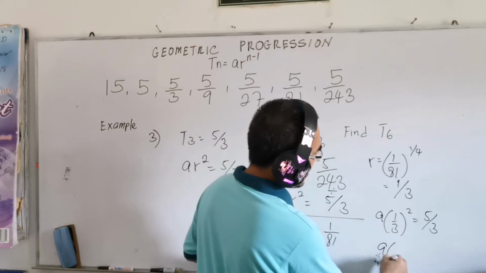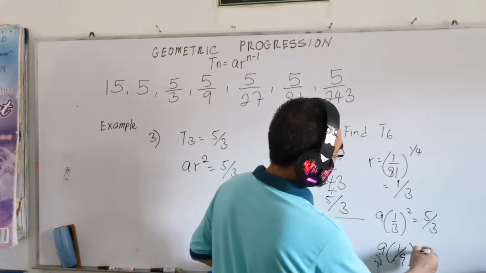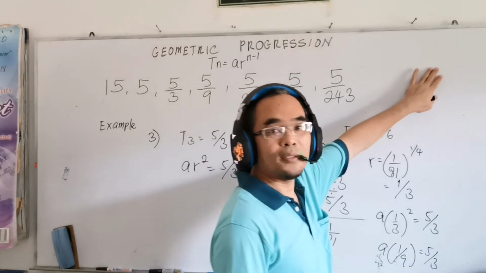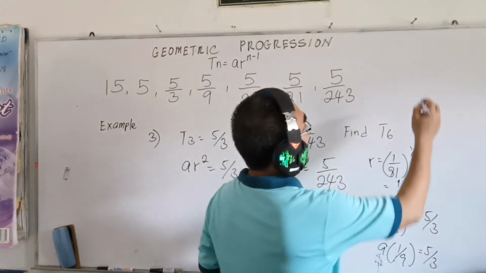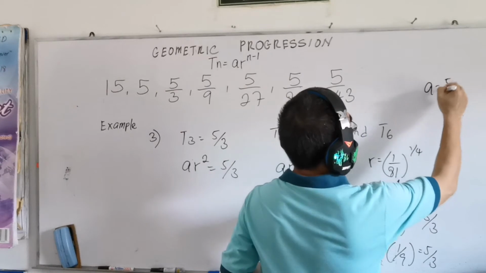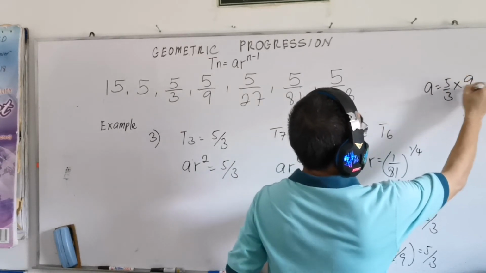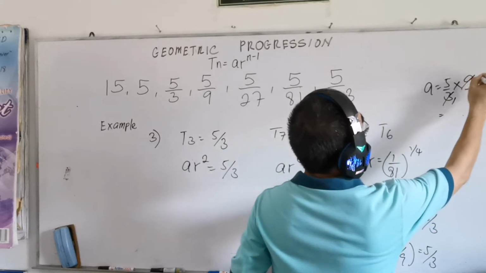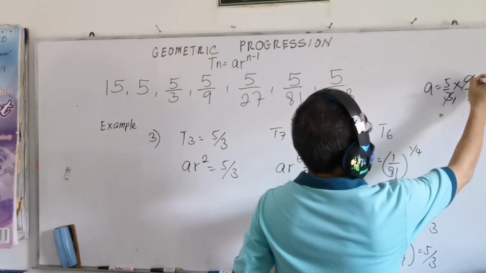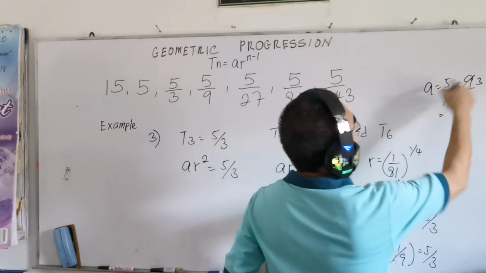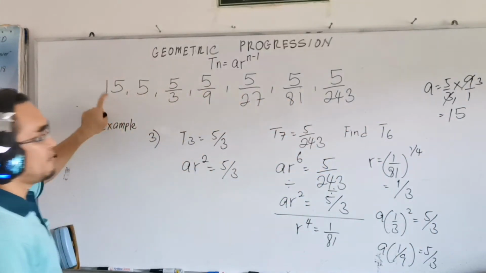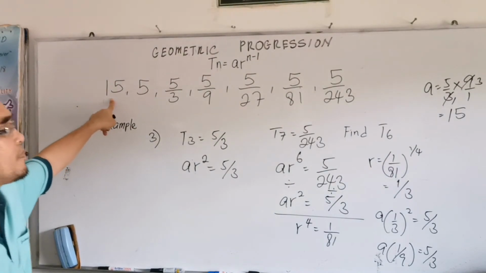So A times 1 over 9 equals 5 over 3. Okay, right. So A is 5 over 3 times 9 over 1. So I can cut here. Then this is 3. 5 times 3, 15. So A is 15, the first term.